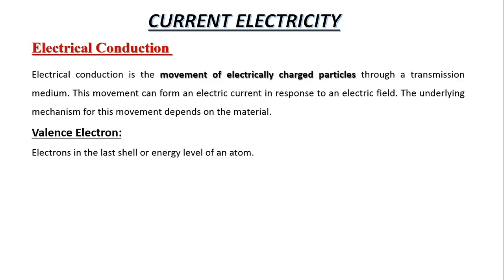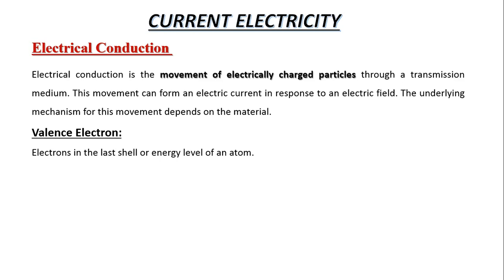Next is valence electron. Electrons in the last shell or energy level of an atom are called valence electrons. In the last class, we discussed the energy orbitals. In every energy shell, you have a certain number of electrons specified by a formula we discussed as 2n square. Each shell has a certain energy level and a limited number of electrons to be occupied.